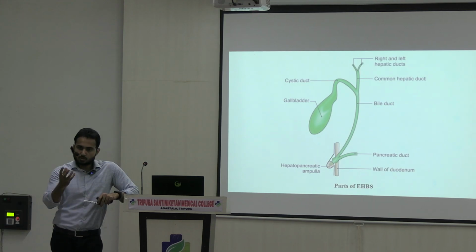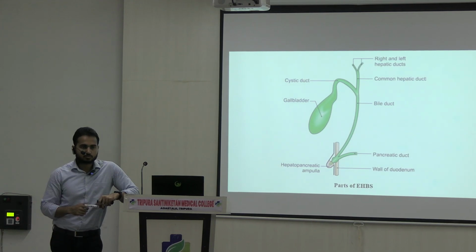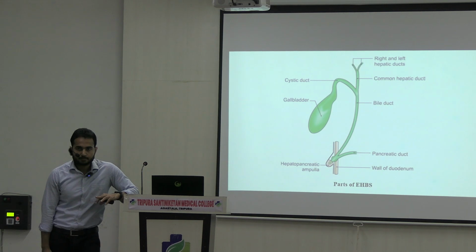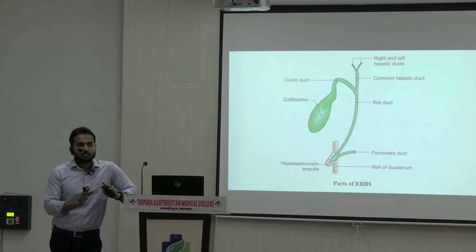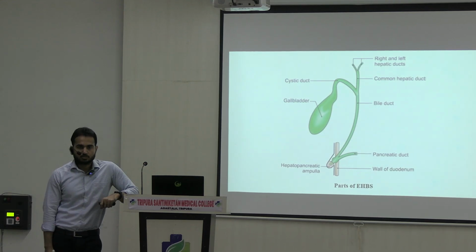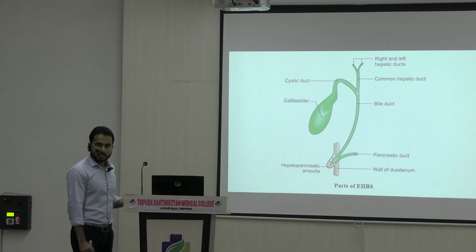Once the gallbladder contracts, the concentrated bile present inside the gallbladder comes out. Okay, and then the sphincter is released so that the bile can enter into the second part of the duodenum. That's why the gallbladder is also important. Means if the gallbladder is not there, the functions can be done, but at that time the concentration of bile will not be there. So that's why the gallbladder is also required.